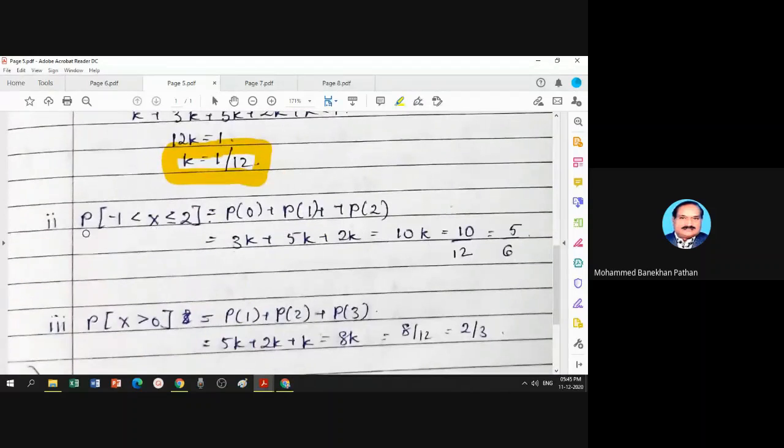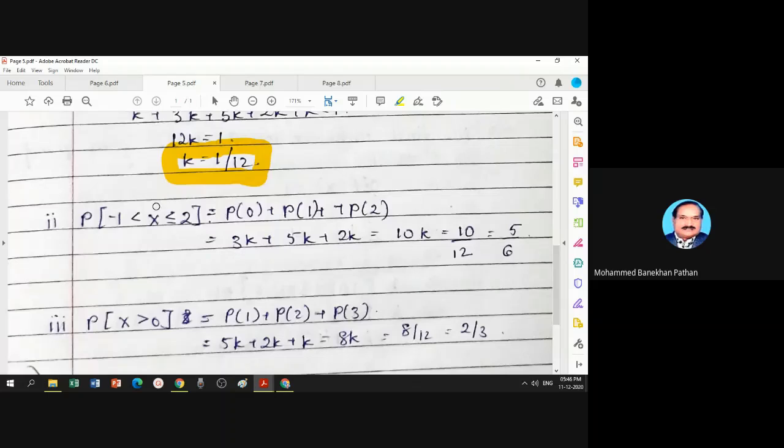What does the second bit say? I want the probability of the event that my variable x will be greater than minus 1 but less than or equal to 2. So this is nothing but the addition of those values which satisfy this condition. X should be greater than minus 1, so my first value is 0.